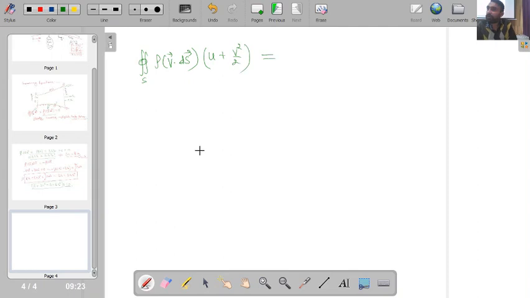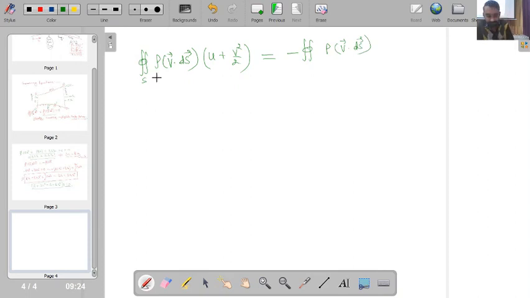This will be equal to, because viscous heat generation and all other effects I am neglecting, I will be having only the effect of pressure. So P into V vector dot dS vector. Okay, this is my flow work.